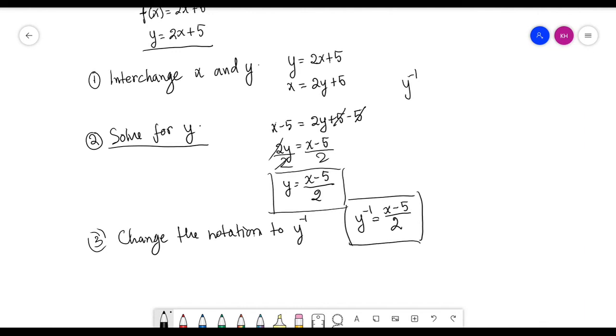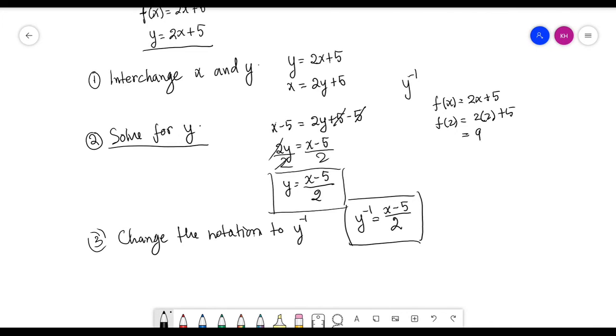Now what I'm going to do is use this function to show that for the example that we showed in the beginning, the inverse is also possible. For the first one, my f of x was 2x plus 5, and we plugged in 2 to get an output of 9.